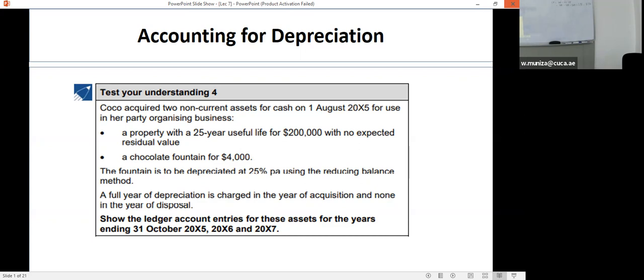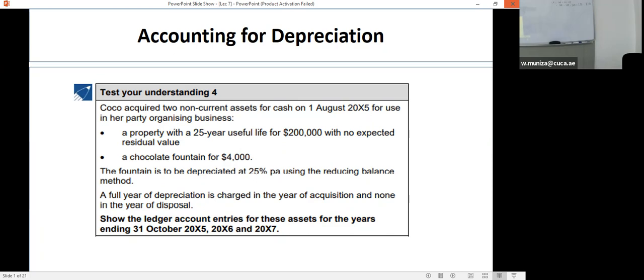Debit, depreciation expense account, credit, accumulated depreciation account with the same amount, since it is which method? Straight line method. In this case, the depreciation charge is going to be reduced because it is the reducing balance method. The same accounting entry is going to be passed.